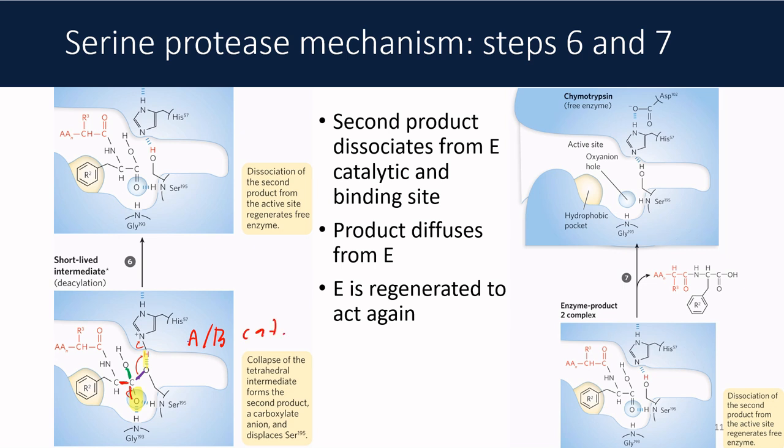We are going to protonate the serine oxygen as it leaves with the help of histidine and aspartate working together. And that is going to make it a much better leaving group. In the case of the OH, the leaving group there is poor.